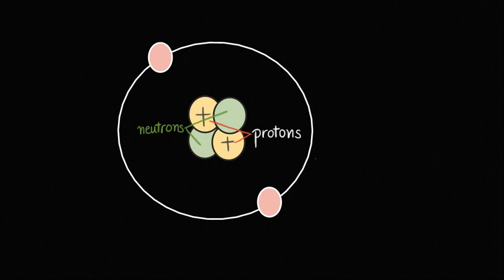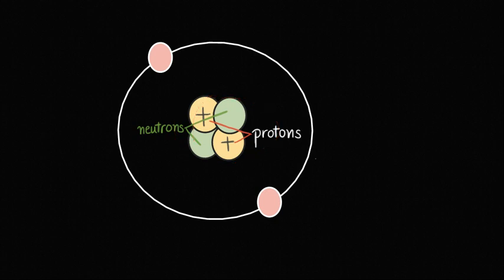So inside the nucleus of the helium atom you have four particles. Two are positively charged protons, and two are neutral, meaning the charge is 0, known as neutrons. So this is the nucleus of the helium atom.